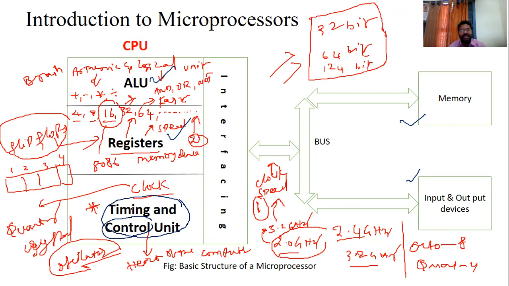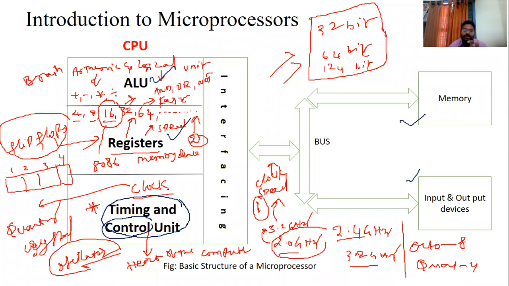Like our nerves, how the nerves are connected to each and every part of our human body, this timing and control unit is connected to each and every part of the microprocessor as well as the outside devices, and it can control the devices also.